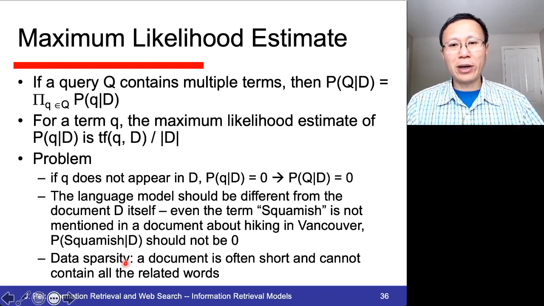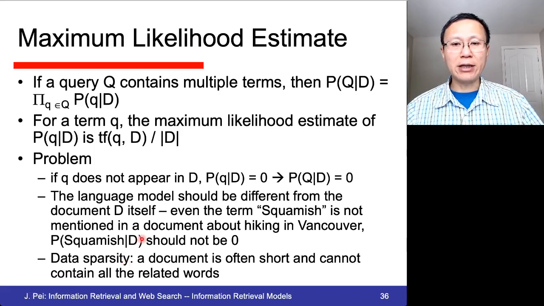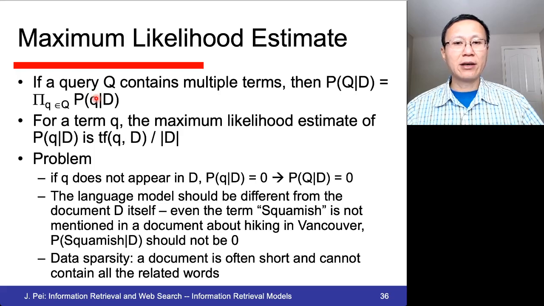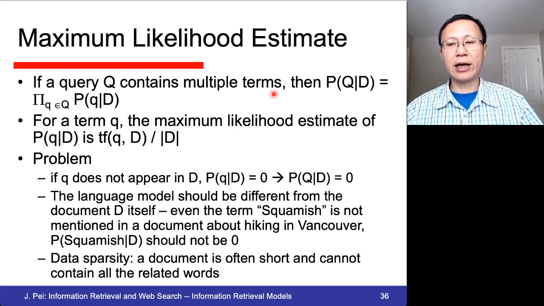Now, we are facing one question: how can we estimate the probability distribution? How can we estimate the probability of a document given a query Q? Suppose Q contains multiple terms, say q_1, q_2, until q_k, where k is typically a small number.